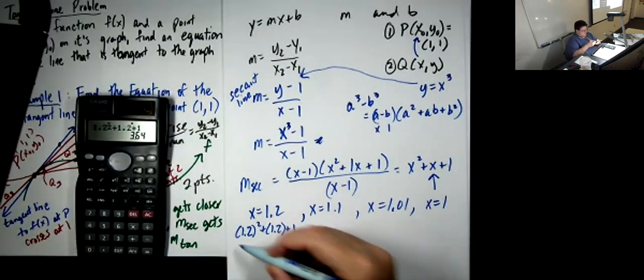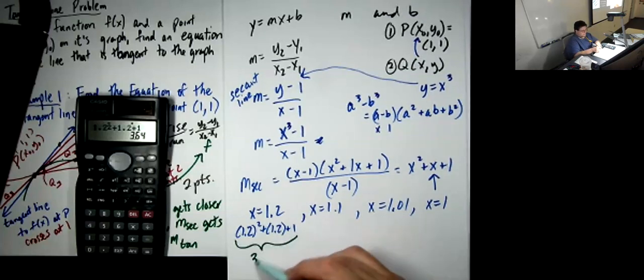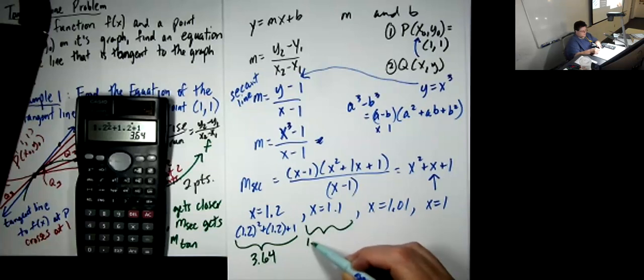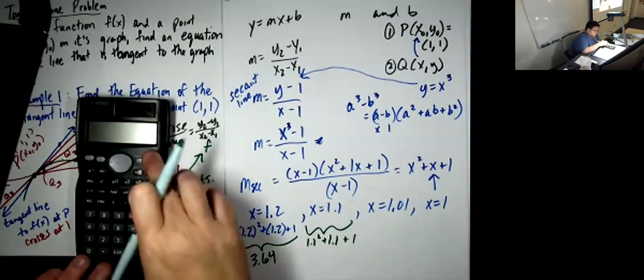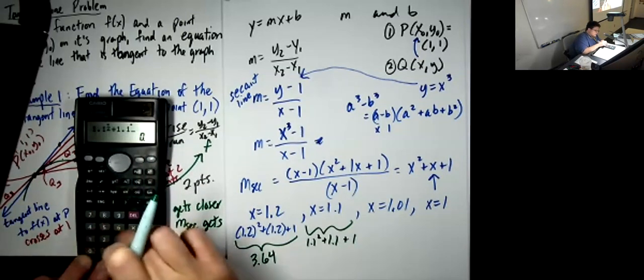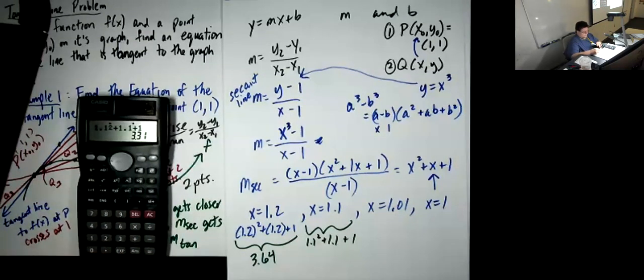So this value here is, maybe I'll change colors, 3.64. And if I do this one, 1.1 squared plus 1.1 plus 1, I've got 3.31.